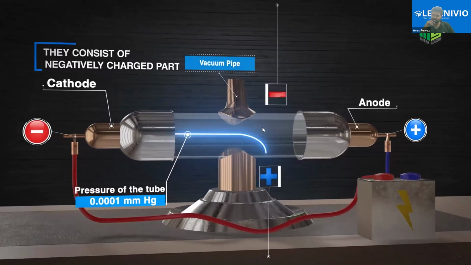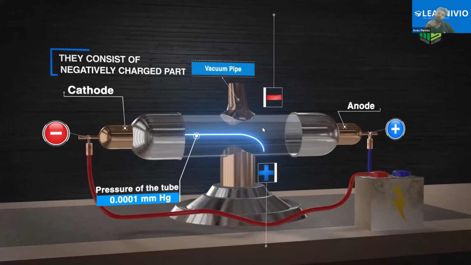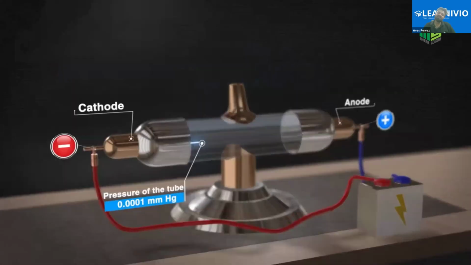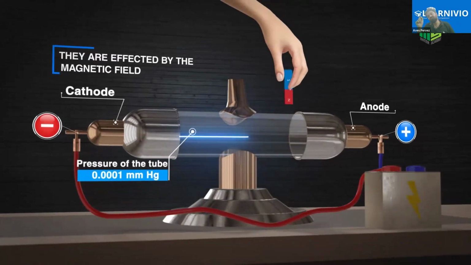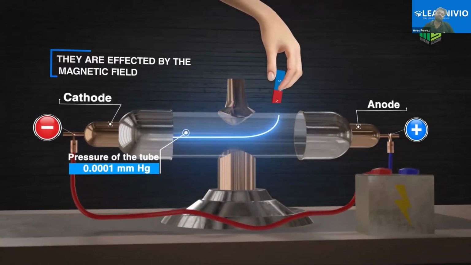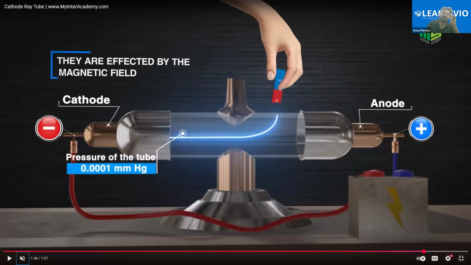Next, charged particles also affect the magnetic field, because when a moving charged particle moves, it behaves like a magnet. Like in a motor or a generator, if we rotate a coil in a magnetic field, it generates electric current.